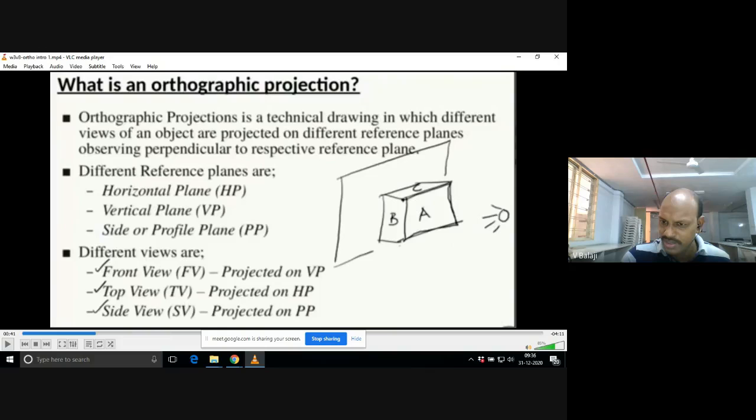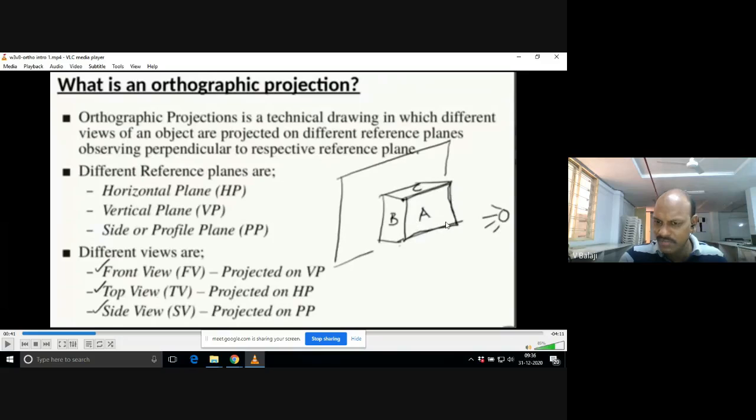So this face A is falling on one reference plane. Front view generally falls on the vertical plane, because a person standing here, looking at this object, is throwing the image of this face, this image A, because he can't see BC in the front view direction. He can see only the A face.